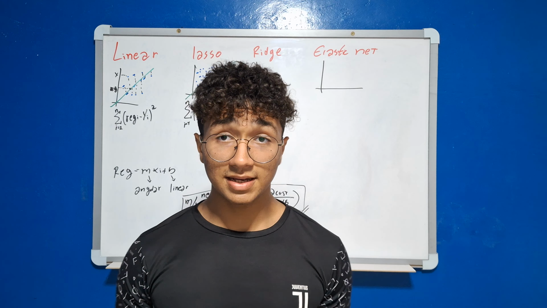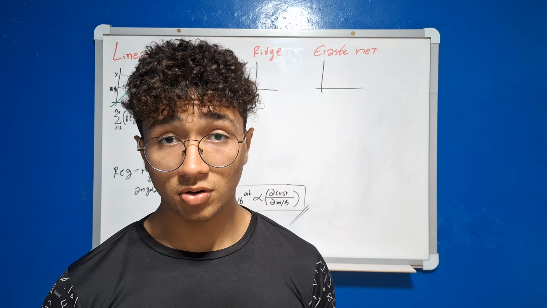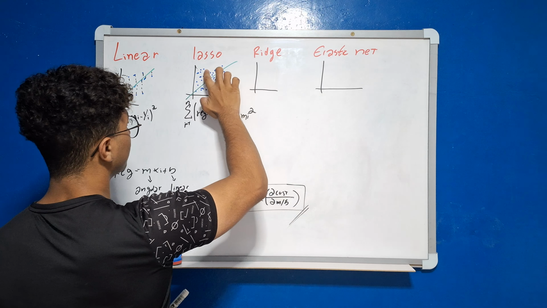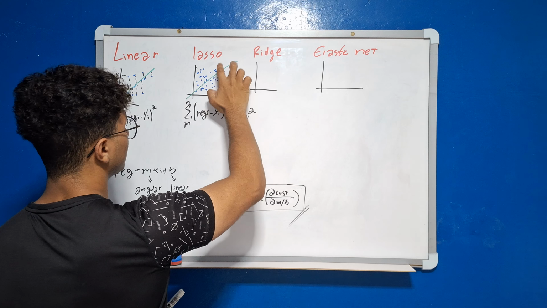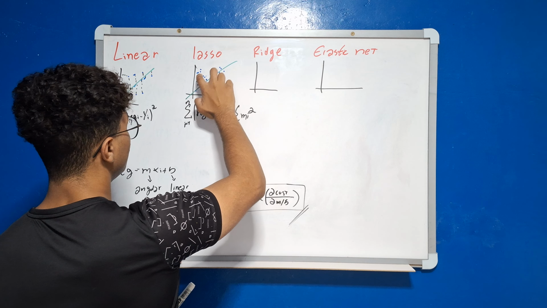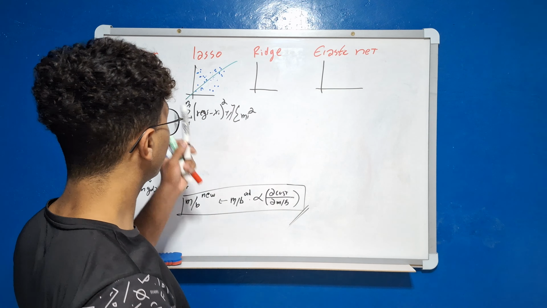This is basically the formula of the lasso regression. And the lasso regression will clean the insignificant points. Okay, I will clean with my hands, doesn't matter. And it cleans to organize the features.